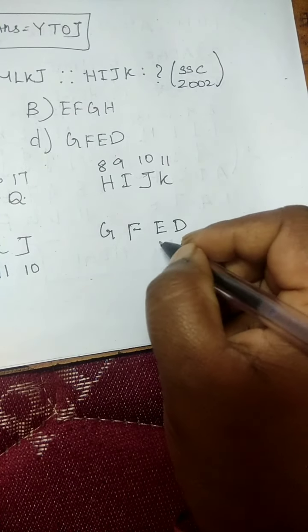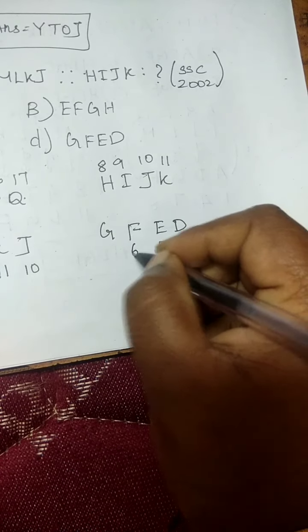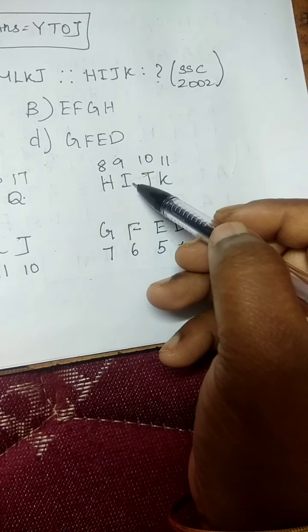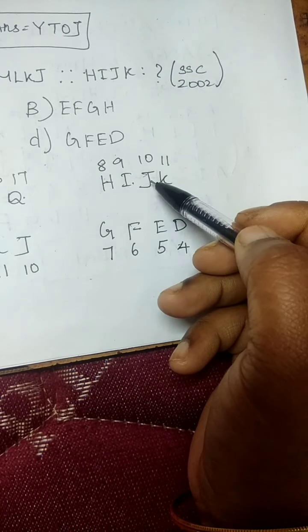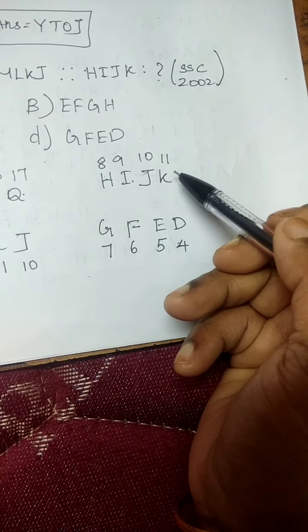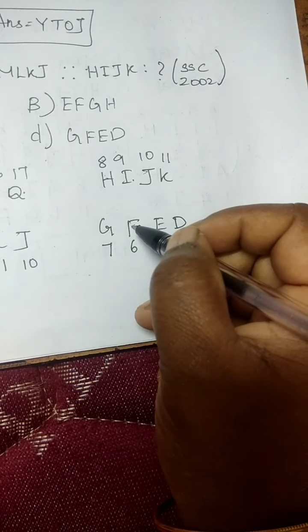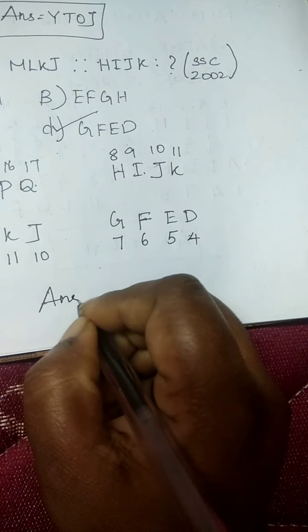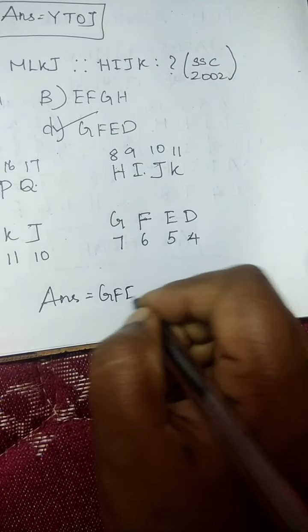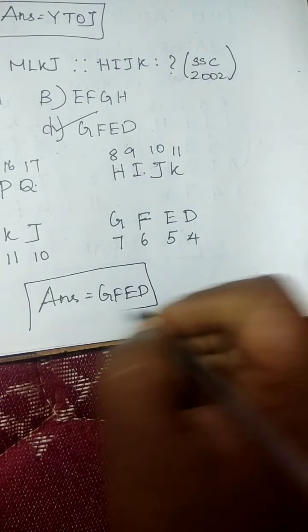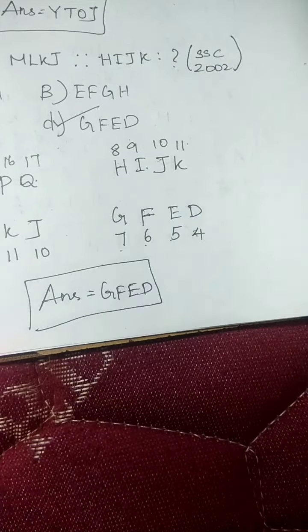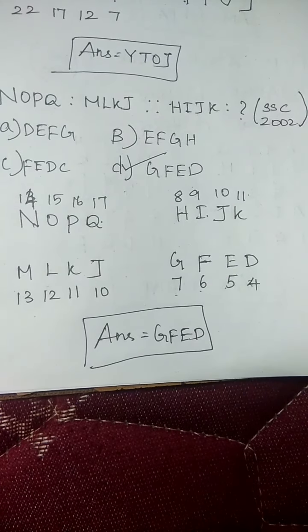D is 4, E is 5, F is 6, G is 7, H is 8, I is 9, J is 10 and K is 11. So the answer is G, F, E, D. 4, 5, 6, 7, 8, 9, 10, 11. So this is the clue behind it.